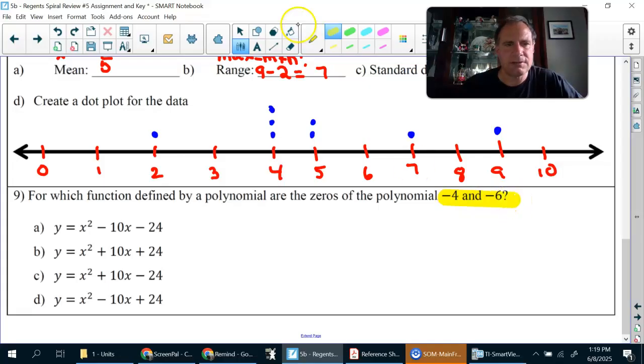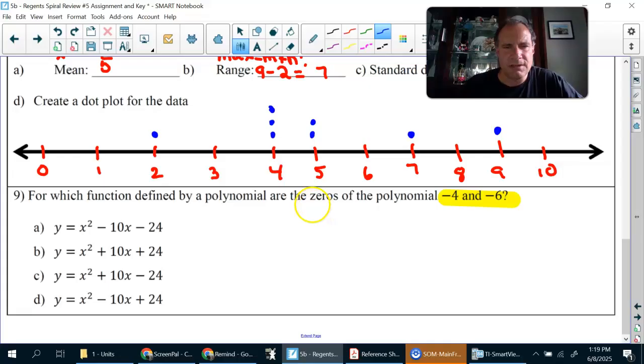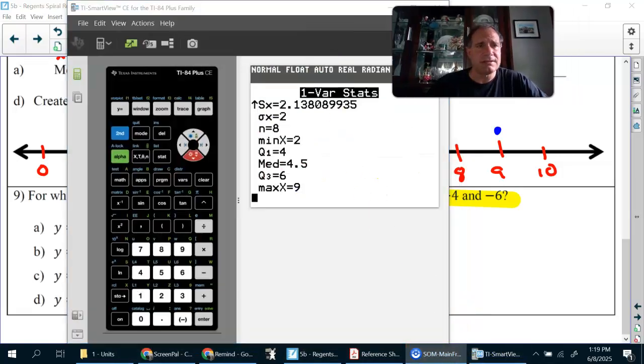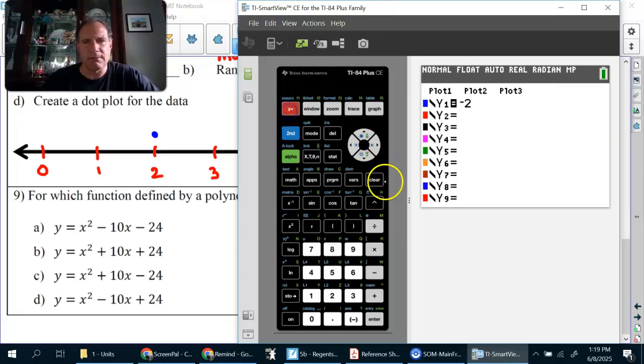All right, so for which function defined by the polynomial are the zeros of the polynomial -4 and -6? Zeros, so x-intercepts. I would use the calculator for this. We're going to press Y equals.